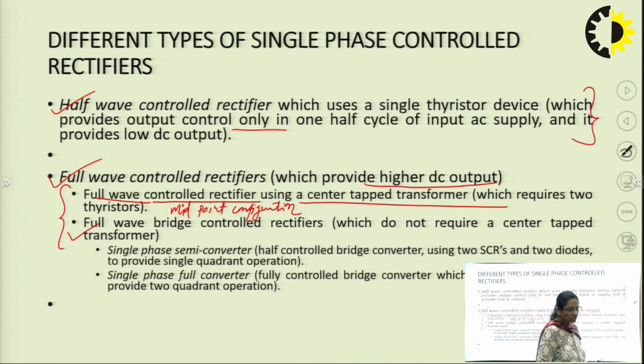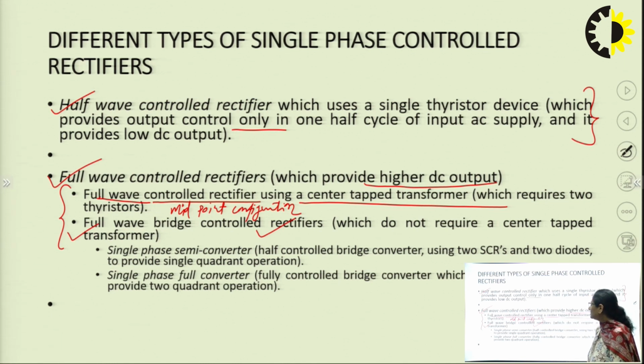The midpoint configuration requires a secondary center tap transformer and two controllable switches. In our case, the controllable switch is an SCR or thyristor. The full wave bridge control rectifier requires 4 such SCRs. It doesn't require any secondary center tap transformer.